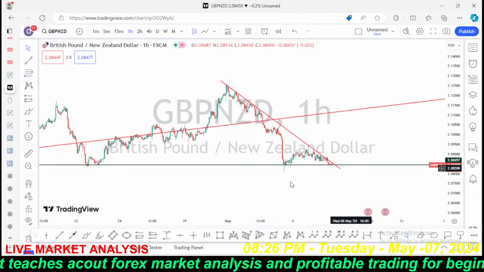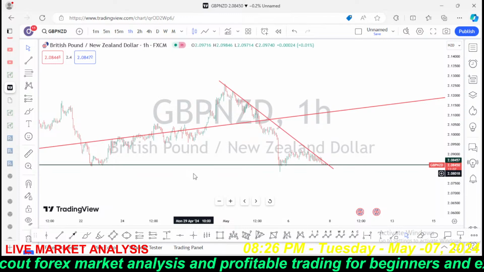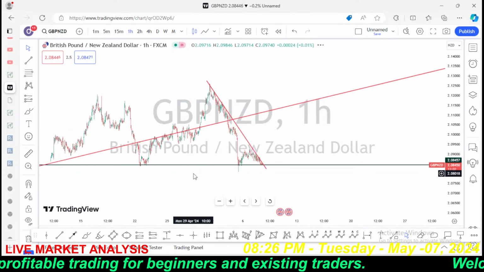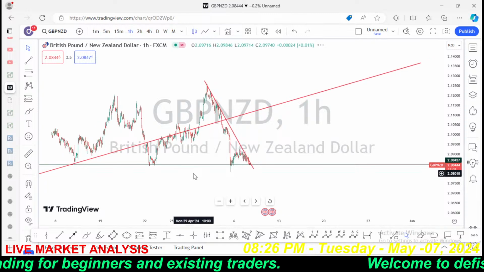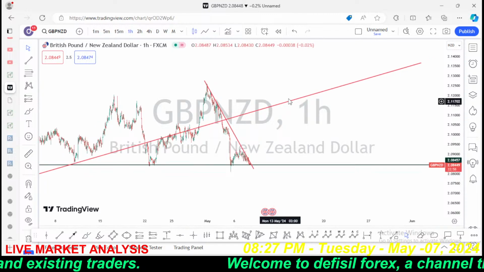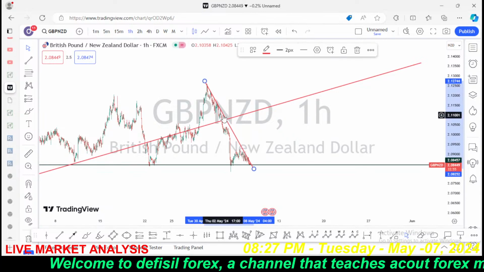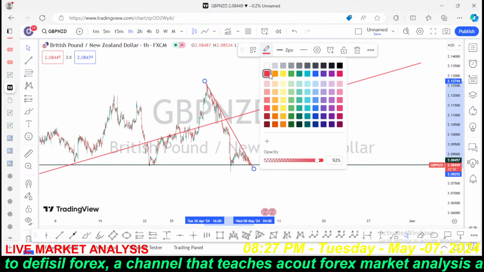But there's also an earlier, bigger uptrend. There's a bigger uptrend using this particular red line. Let me change this line to green.